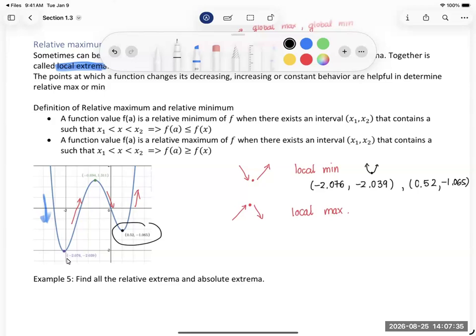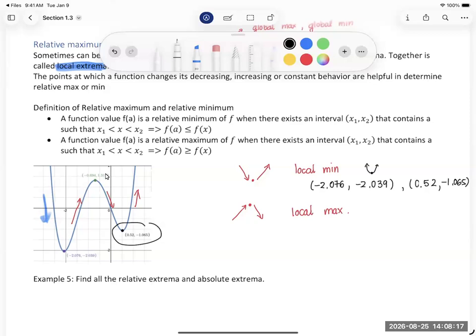That means at x equals negative 2.076, my y value is a minimum value, which is negative 2.039. And at x equals 0.52, I have another minimum value, which is negative 1.065. And why do we call it local? Because these values are just the lowest values within some certain interval around the point, but not the lowest of the whole entire graph. So that's why we call it local.